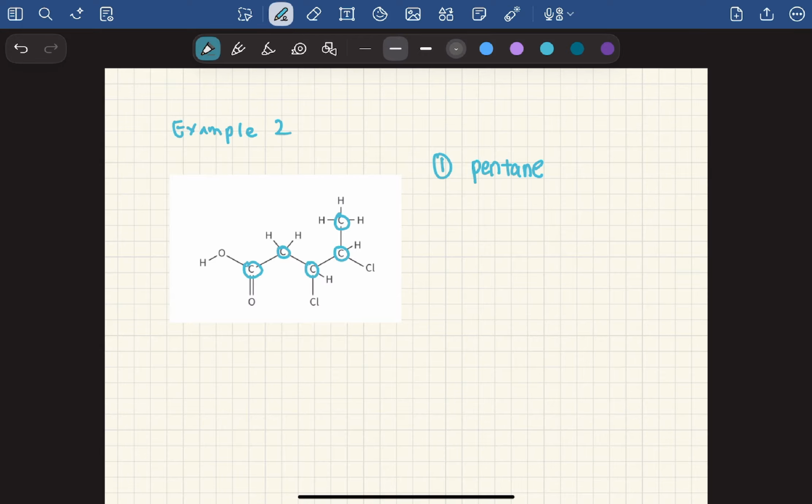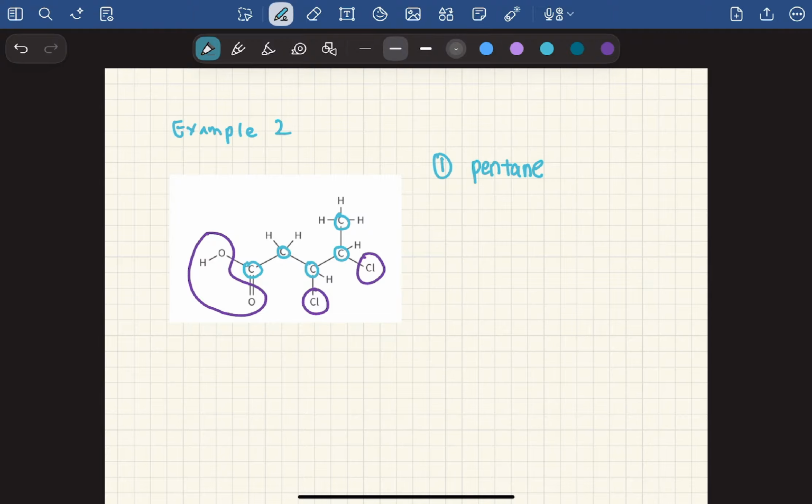So actually, let's go back and let's circle all of the other branches first. So first, there is this O-OH thing. The 2 hydrogens belong to the bond. There's a chlorine here, and then there's another chlorine here. And all the other ones are technically part of the hydrocarbon chain, so they are not branches.